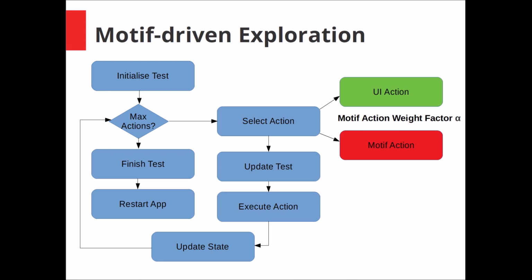In detail, the probability is defined as the relative count of motif actions in the current state to the power of alpha. Then the test is updated with the new action and finally executed. After that, the current state is updated and the procedure is repeated until the condition is satisfied.